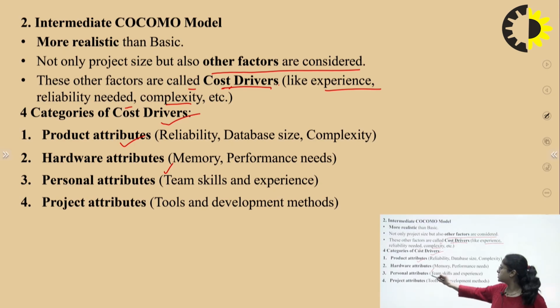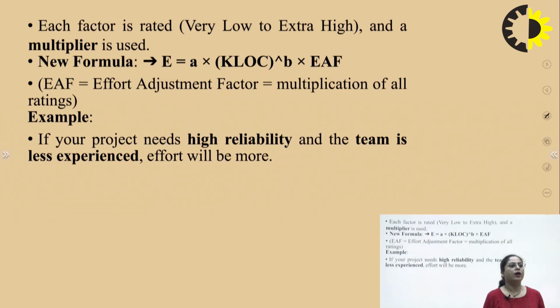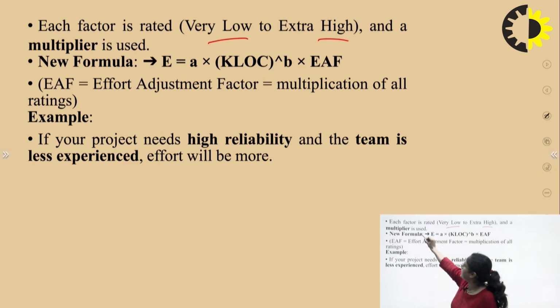Third is personnel attributes, which include the skills and experience of our team members. Fourth is project attributes, which include the tools and development methods we use for making our software. Each factor is rated from very low to extra high and a multiplier is used.